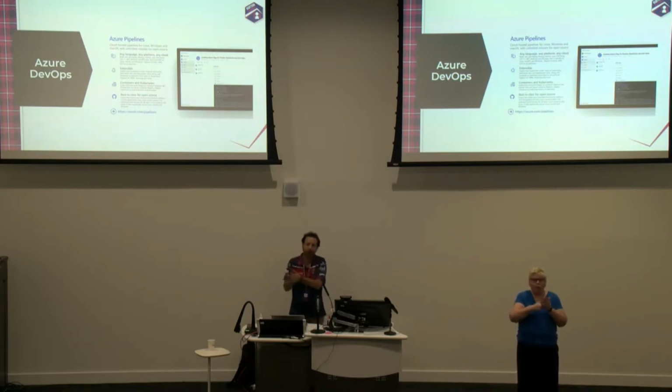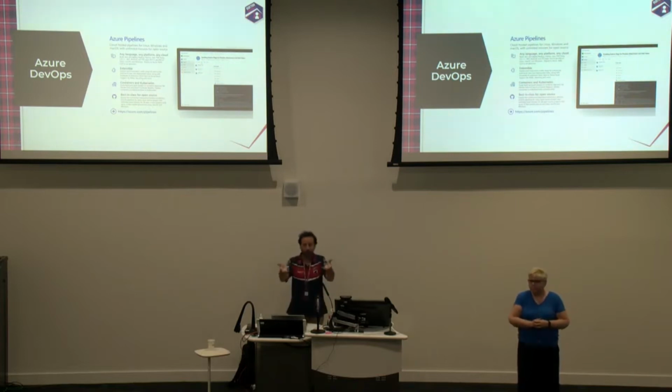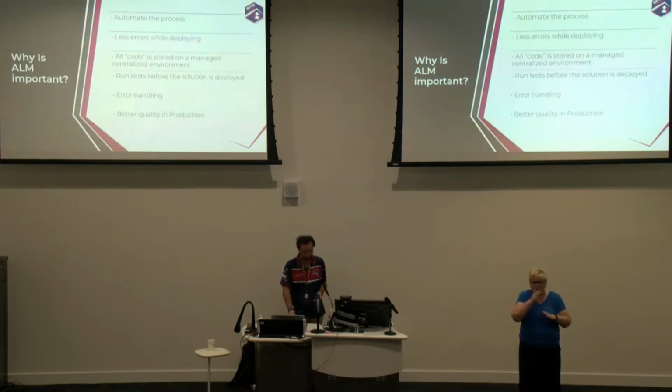So you choose the type of host that you want, and then you can write some code. This code can be in PowerShell, this code can be in C#, whatever kind of language that you like. And then it is triggered. So this is, in a high-level picture, what a pipeline is. It's a process that is running somewhere in the cloud. But you can define the host, of course.